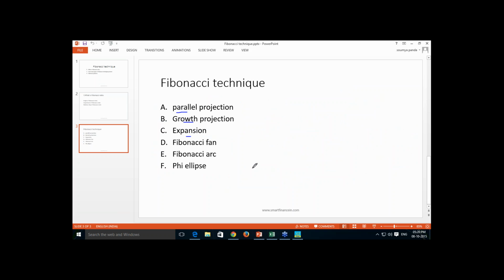So the Fibonacci ratio, as I told you, starts with very small numbers, but for our capital market analysis we utilize 0.236 and go till 1. Post 1 we go for 1.236, and 1.618. So these are inverse alternate ratios.